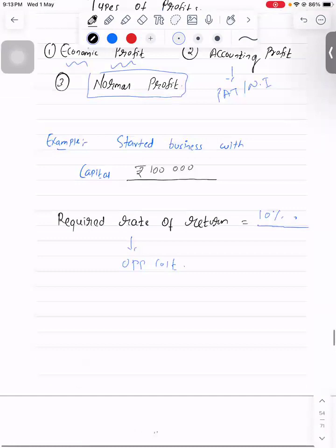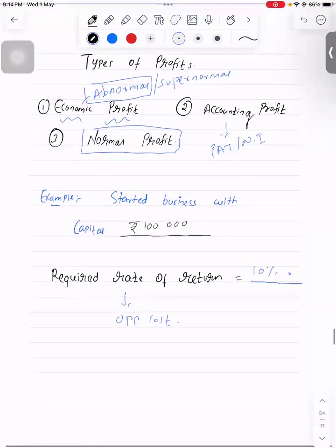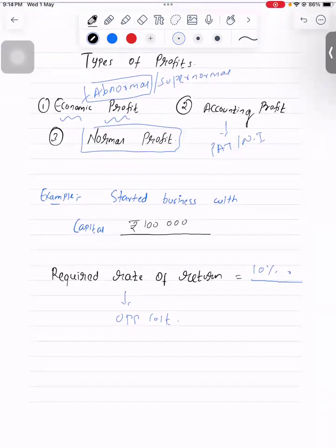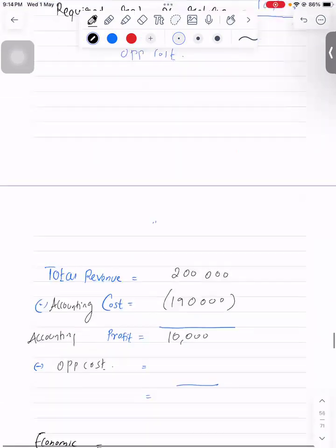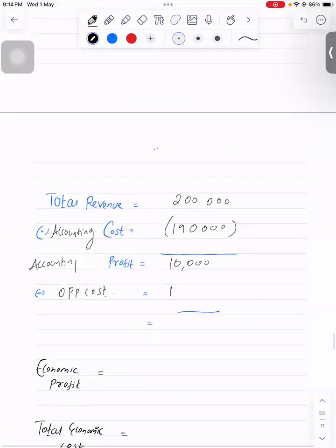Okay, so please calculate what will be the opportunity cost. 10% of 1 lakh. So what it will be? 10% of 1 lakh, it will be how much? 10,000. So when you adjust opportunity cost from accounting profit, okay, you will get what? You will get economic profit.